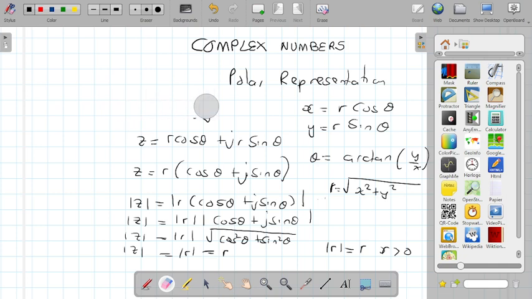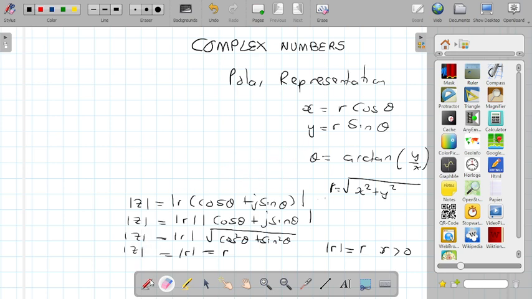This means that r is the modulus of the complex number. Great. So now this is what we have as information. So that is your polar form. Now let's take an example.